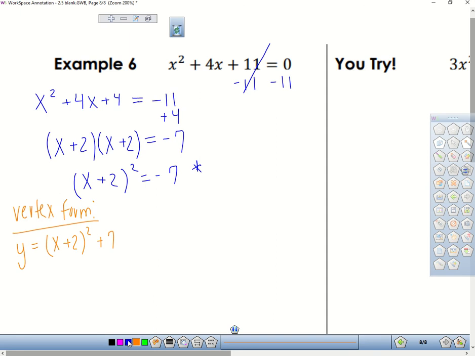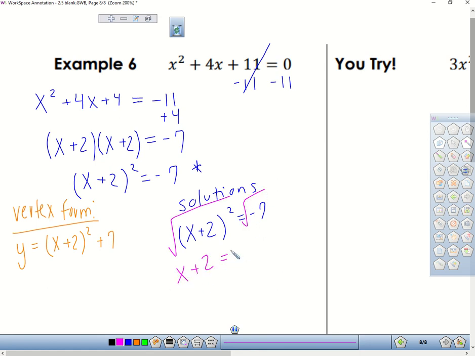And then to get our solutions, we take the what of both sides? The square root. This becomes x plus 2 is equal to plus or minus the square root of negative 7.